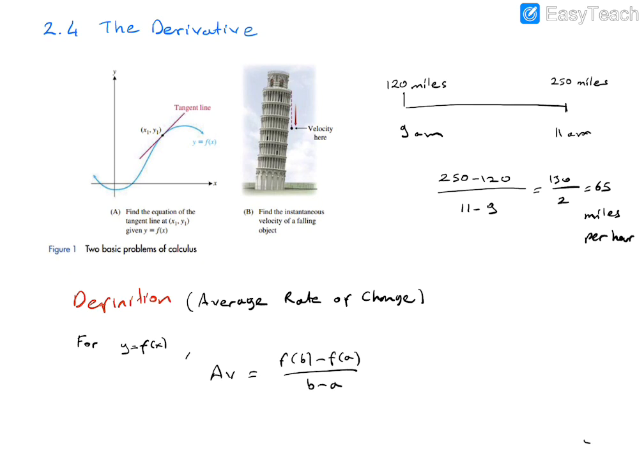We can also write this from x equals a to x equals a plus h: the average rate of change of the function f is f of a plus h minus f of a over h.